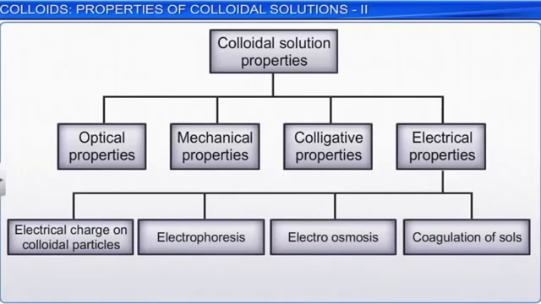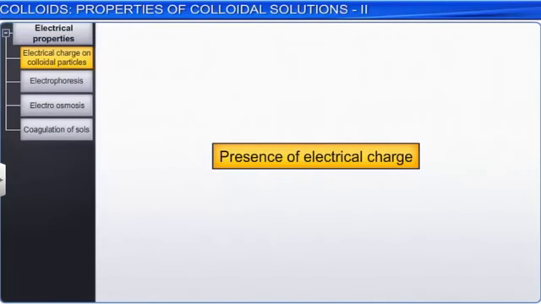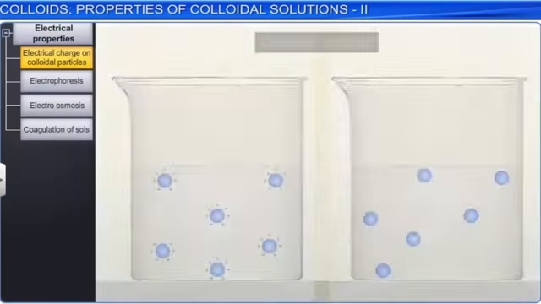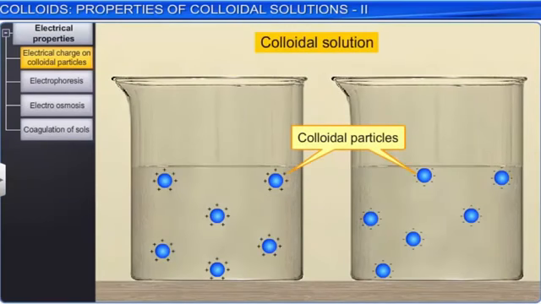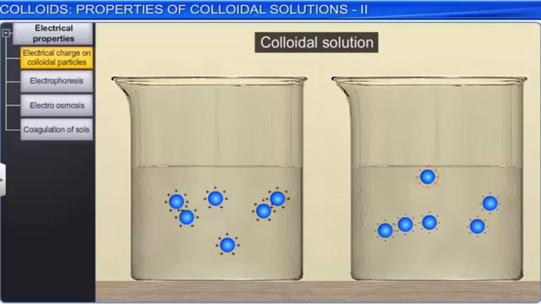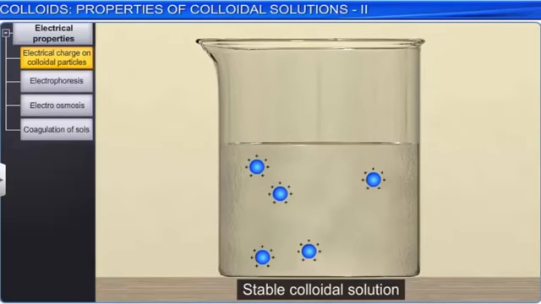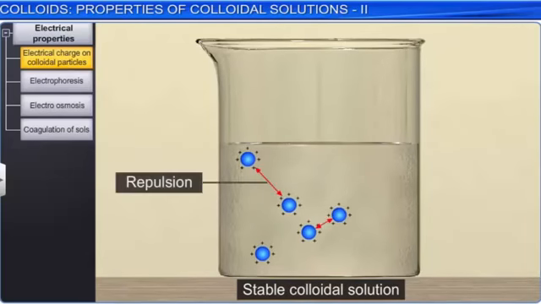Let us first discuss the most important electrical property, the presence of electrical charge. The particles of a colloidal solution possess a definite electrical charge, either positive or negative on them. Due to the presence of the same charge, they repel each other and do not combine to form larger particles.